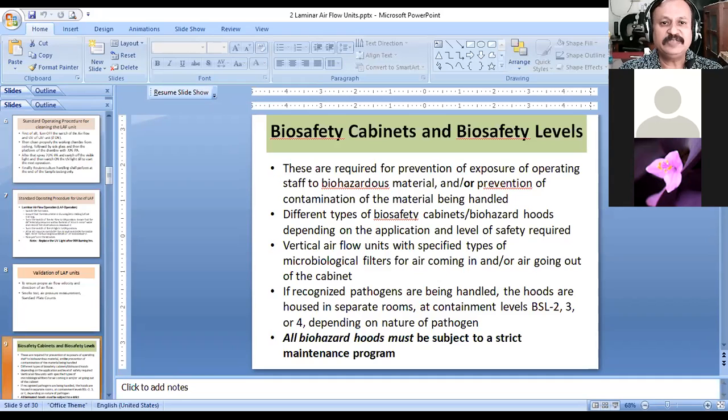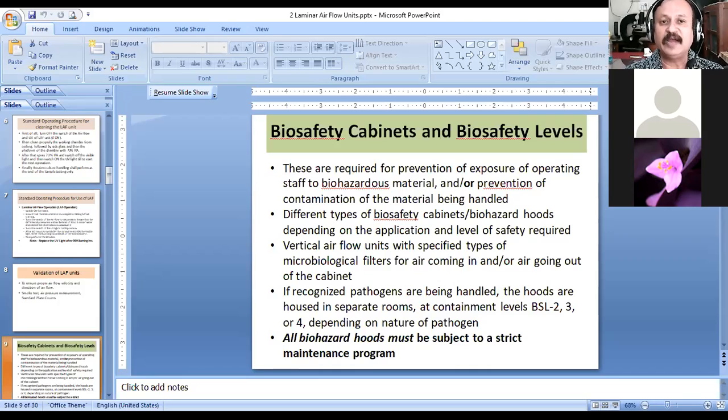So these devices, biosafety cabinets, are required in order to prevent the exposure of operating staff. There are two things which are important. The operating staff must be protected. Whosoever is working in the laminar airflow unit, working with microbiological cultures or whatever material, it may be animal tissue culture material or plant tissue culture material, that person should be protected.